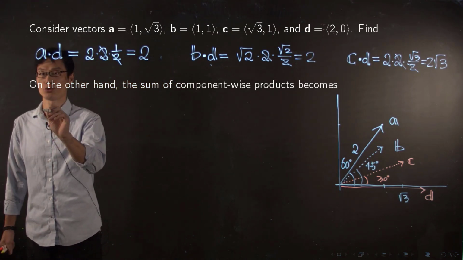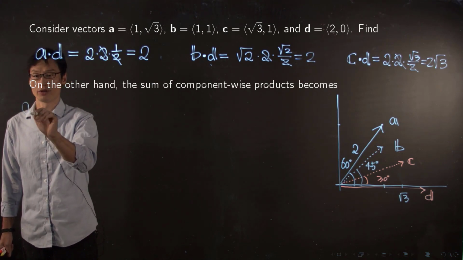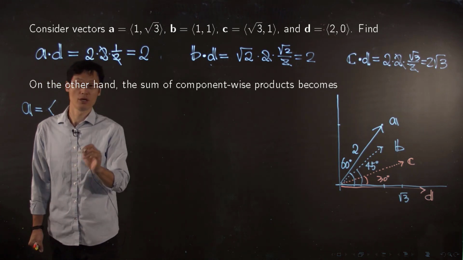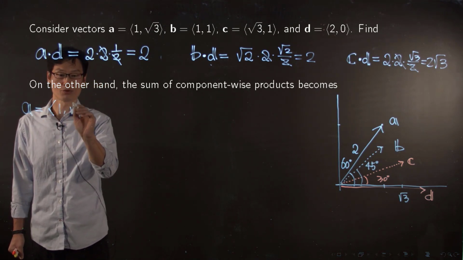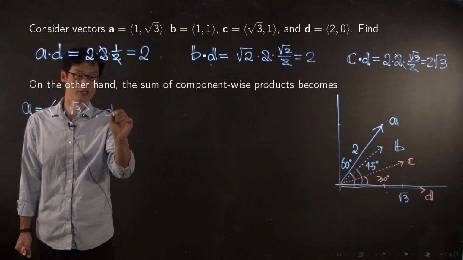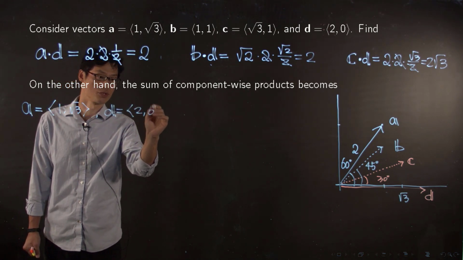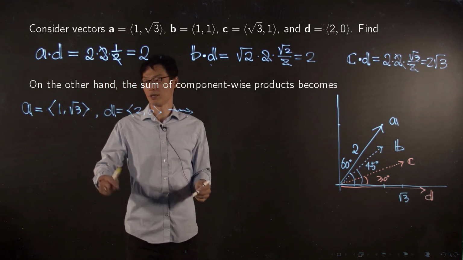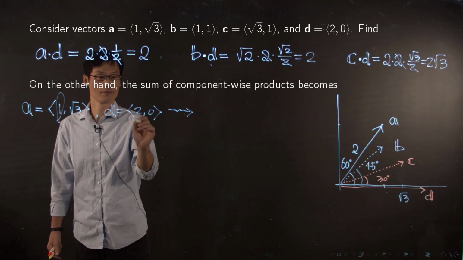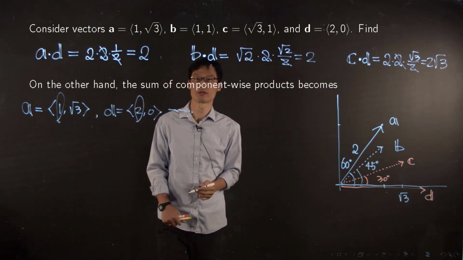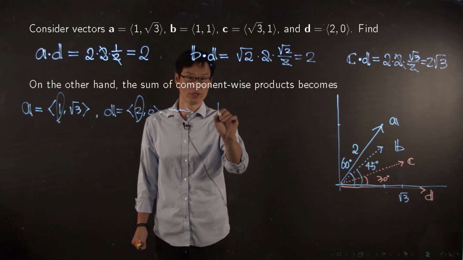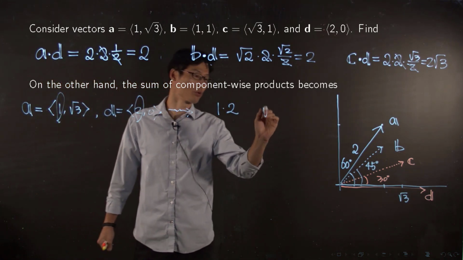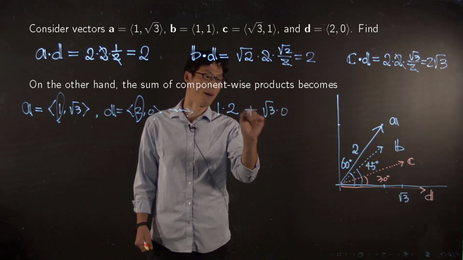For the first two vectors A and D, vector A has coordinates 1 comma square root 3, and vector D has coordinates 2, 0. So we take the component-wise product. We have 1 times 2. For the second component, we have square root 3 times 0, and we add them up.